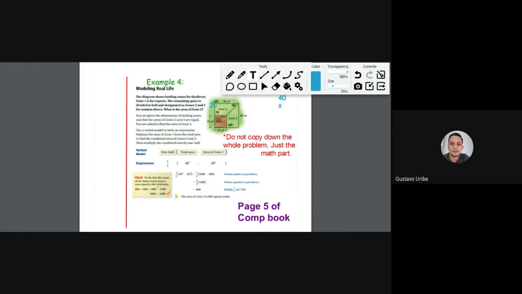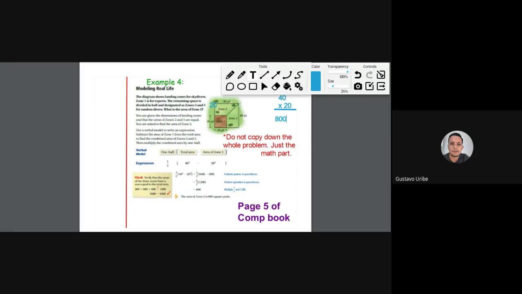I know 4 times 2 is 8, so I can type an 8 here, and then I have 2 zeros that I'm going to tag on the end. So the area of this rectangle would be 800 square yards.